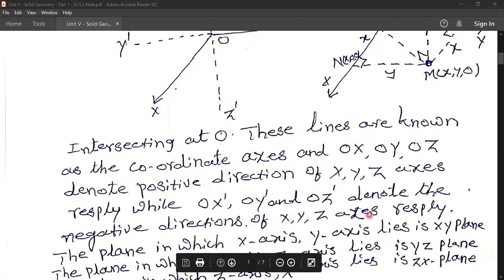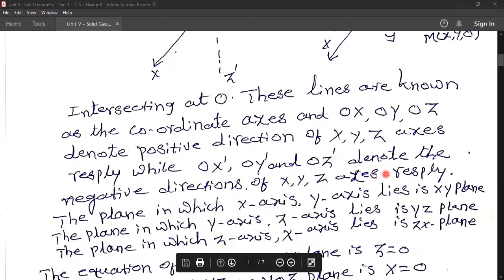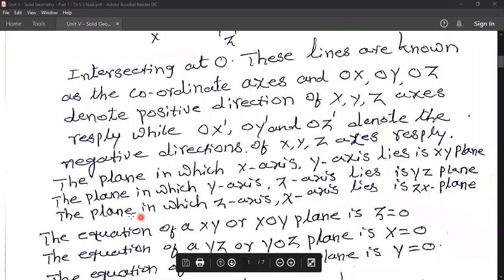The plane in which the x-axis and y-axis lie is called the xy plane. The plane in which the y-axis and z-axis lie is called the yz plane. The plane in which the z-axis and x-axis lie is called the zx plane.